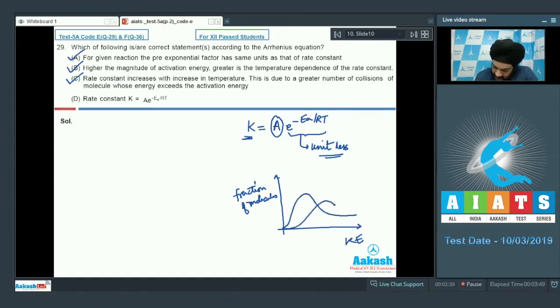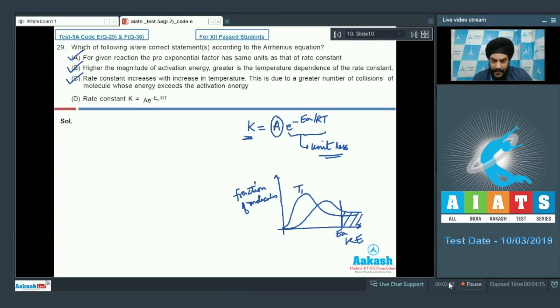For two temperatures T1 and T2, with a fixed value of activation energy, upon increasing the temperature more particles can cross the activation energy barrier, as opposed to the lower temperature where the fraction of molecules having energy greater than the activation energy was lesser. So statement C is also correct.